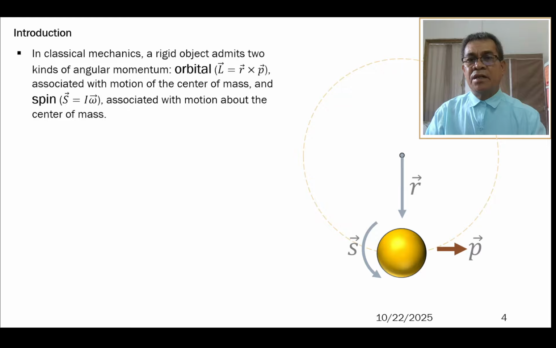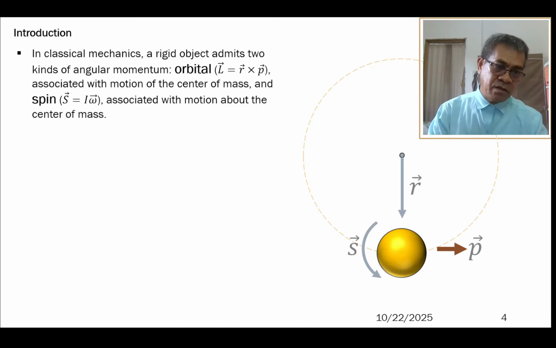In classical mechanics, the orbital is the cross product of the position with the linear momentum. But another momentum is the spin, which is the product of the moment of inertia and the angular velocity omega. And this is associated with the center of mass.